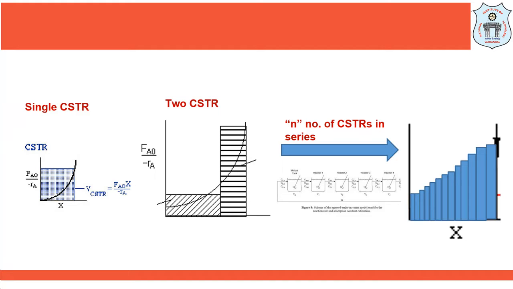What happens is that, from the rectangular shape, with an infinite number of CSTRs it almost becomes the area under the curve, which is almost equivalent to the performance of a plug flow reactor. So that is the advantage when you increase the number of CSTRs: the conversion or volume required is equivalent to that of a plug flow reactor.